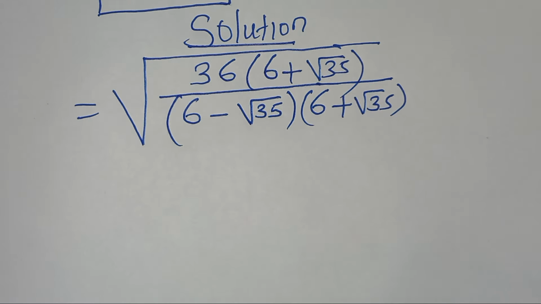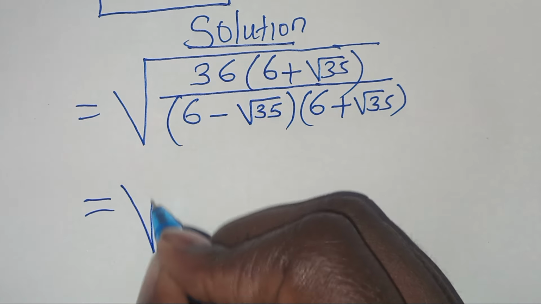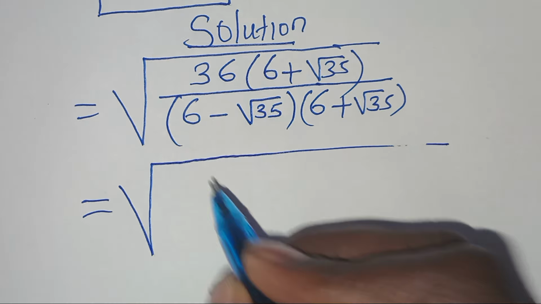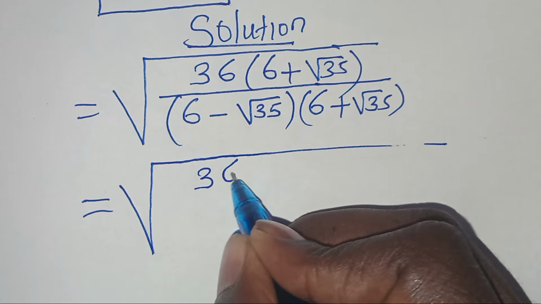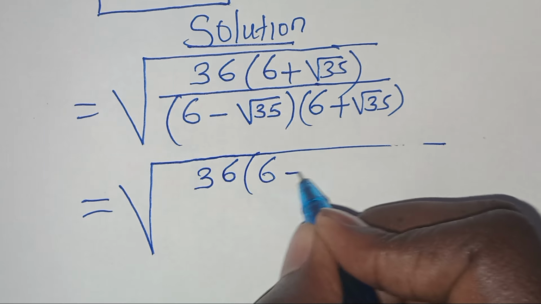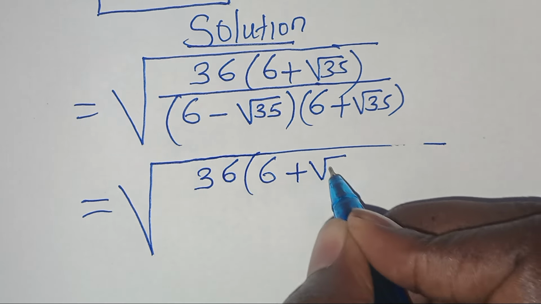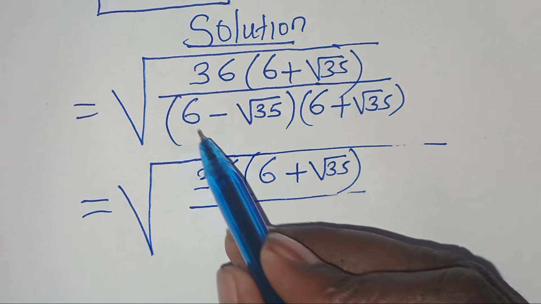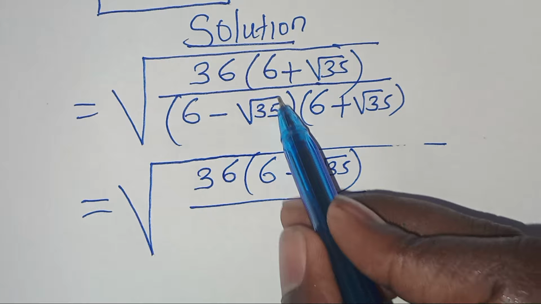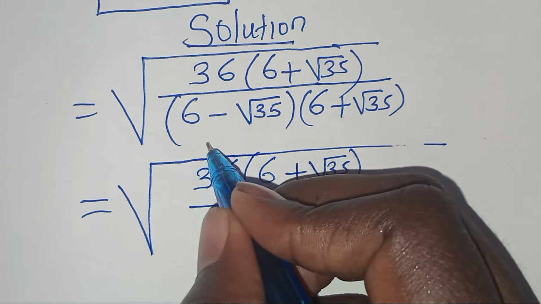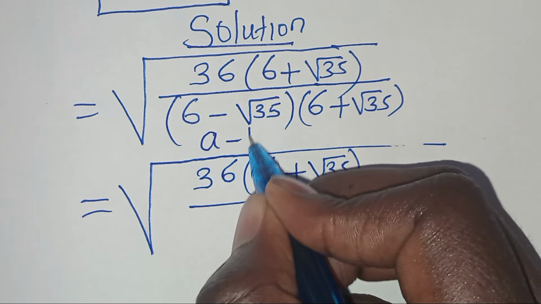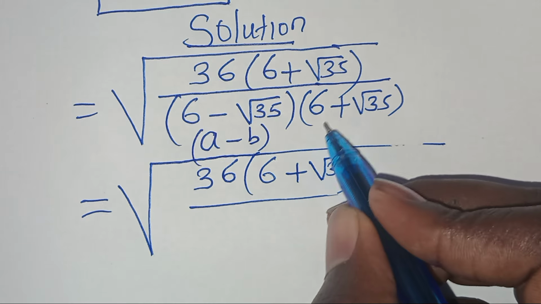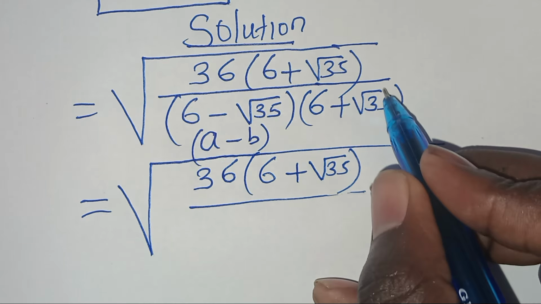Now, the next step from here, we have the square root of, in the numerator, 36 multiplied by 6 plus square root of 35 divided by, now, if we check here, 6 minus square root of 35, this is in the form of a minus b, multiplied by 6 plus square root of 35.